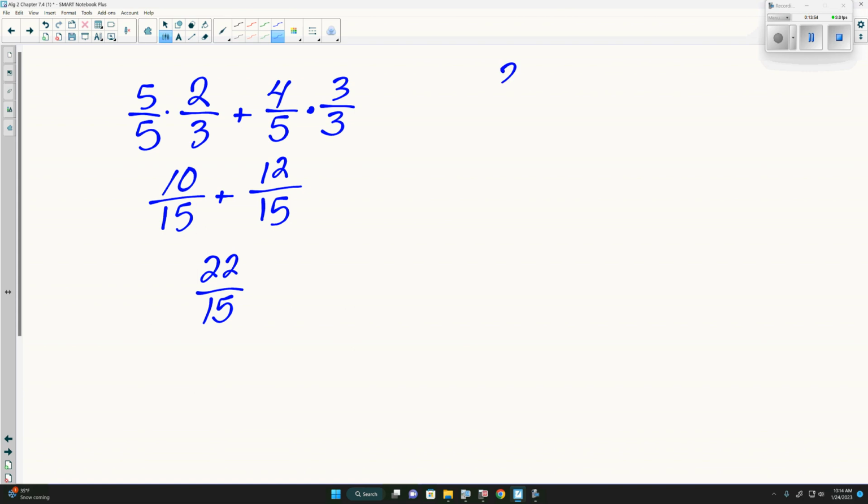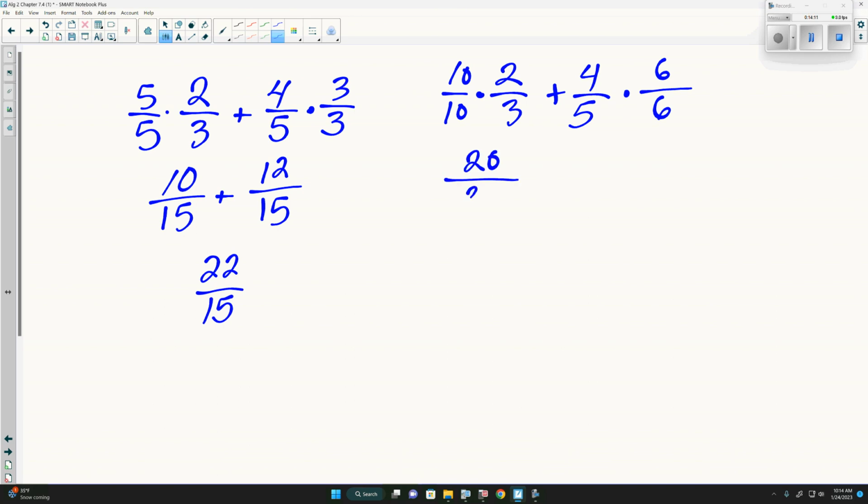Couldn't we also, so I'm going to rewrite it again. Couldn't we turn it into 30? Because we could do here, multiply top and bottom by 10, here 6. So this would be 20/30 plus 24 over 30, yes?